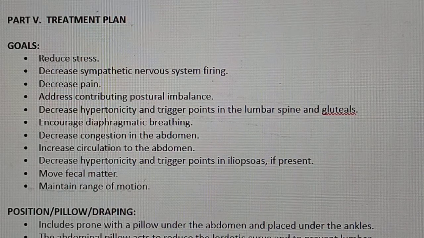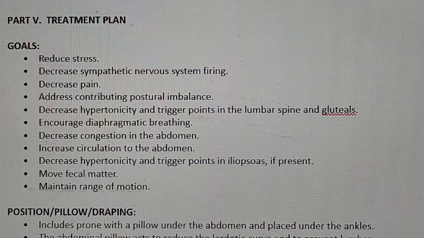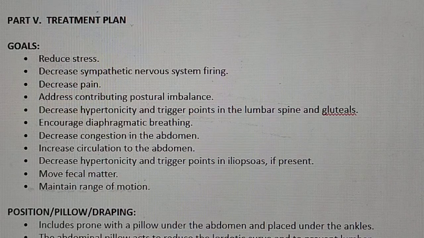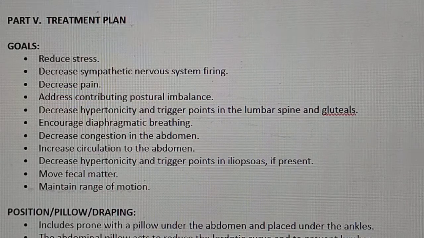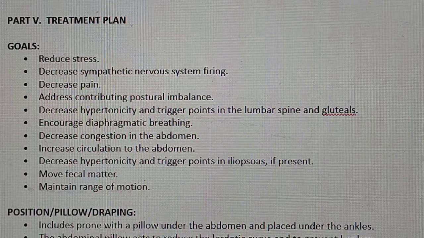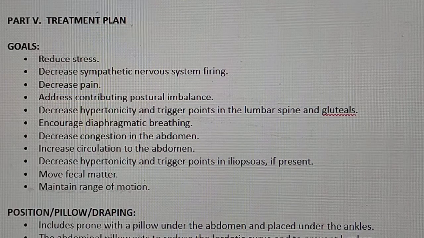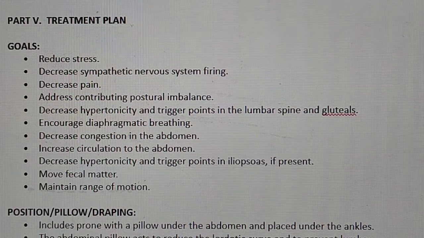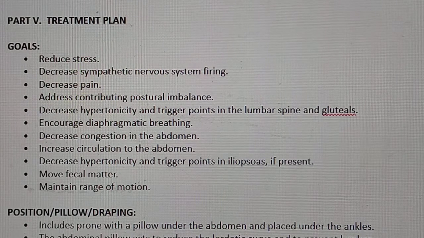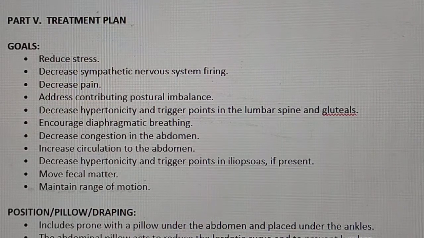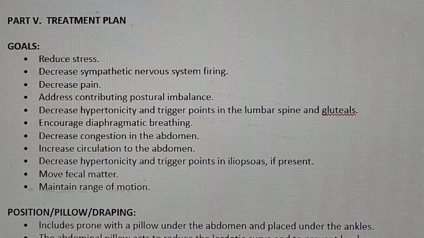Okay, so you have to make sure you move your joints through range of motion. That would prevent reduced movement in your joints, especially the hip joints. Okay, the hip area.